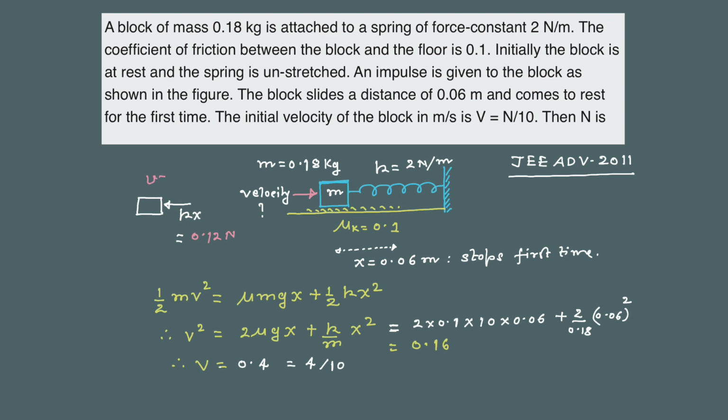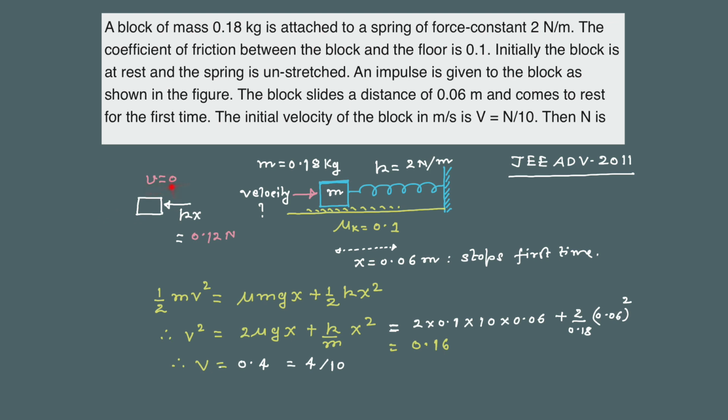And since at this time velocity is 0 and spring force cannot change suddenly, but friction can adjust its value within no time. So what friction will do? Friction will observe that if it does not act, the spring force will bring the block in backward direction.